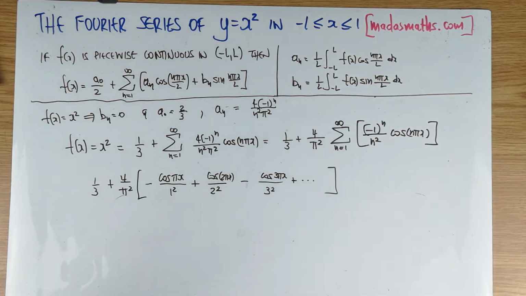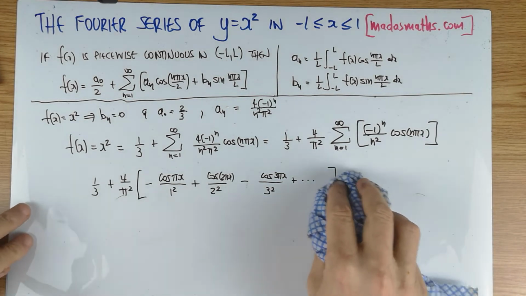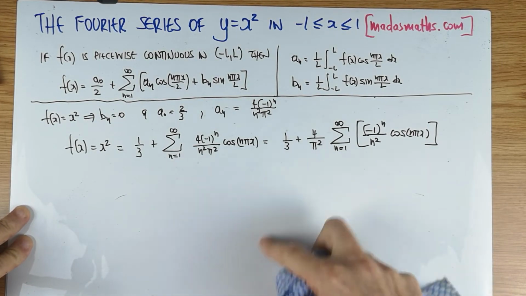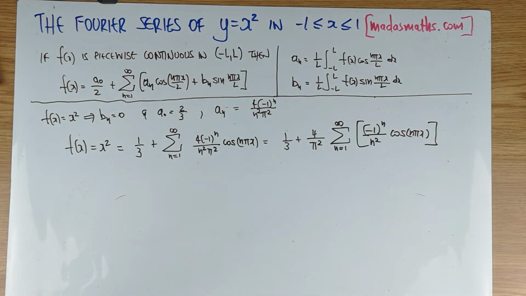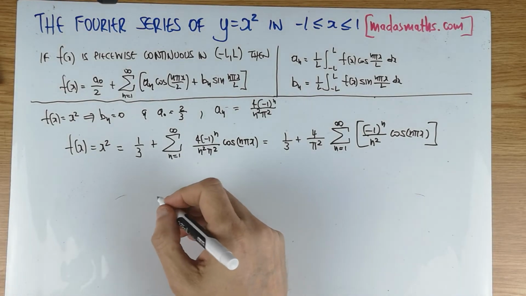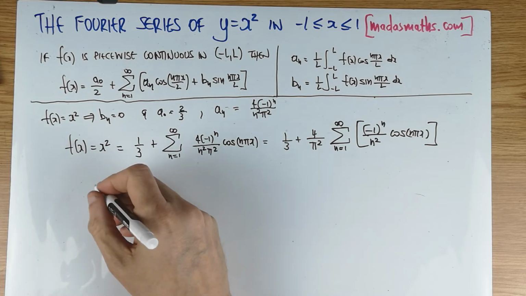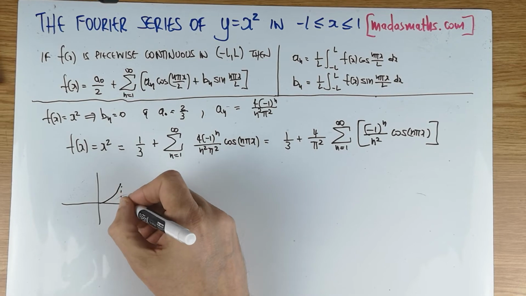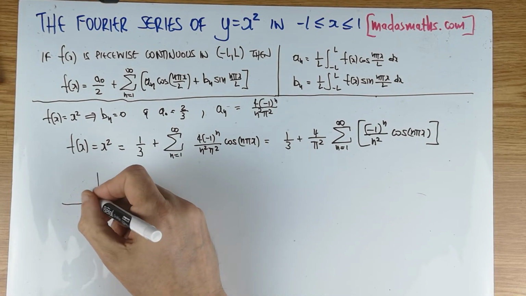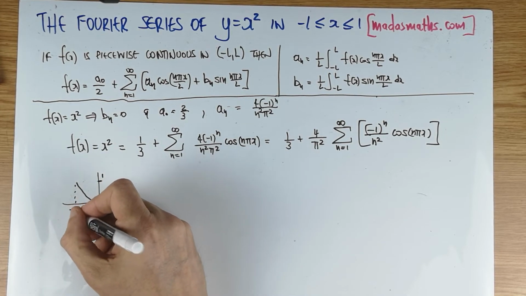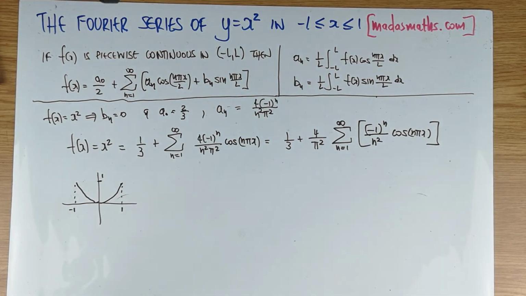What it will look like on a graph, unfortunately, I cannot show you. I use a very old-fashioned system, but in my opinion it's one of the best. I'm still using Derive 6, and you can do Fourier series very nicely. If you can imagine what we have in here, we have the graph of y equal to x squared from minus 1 to 1.